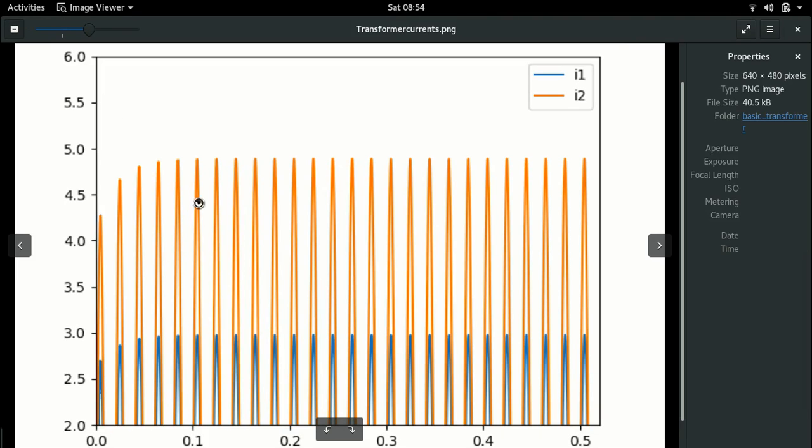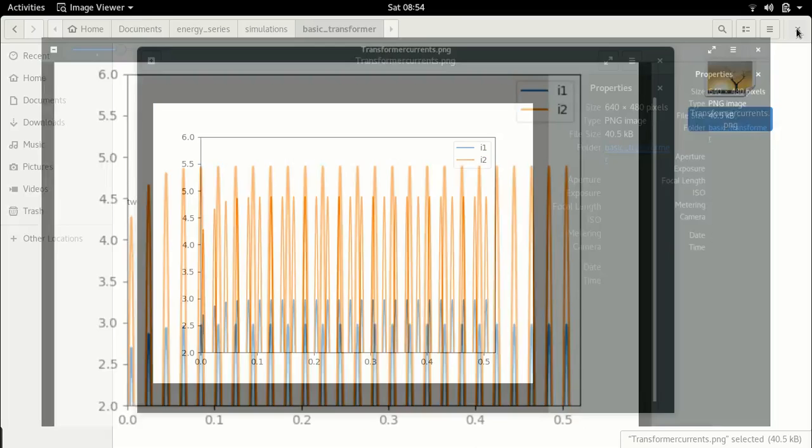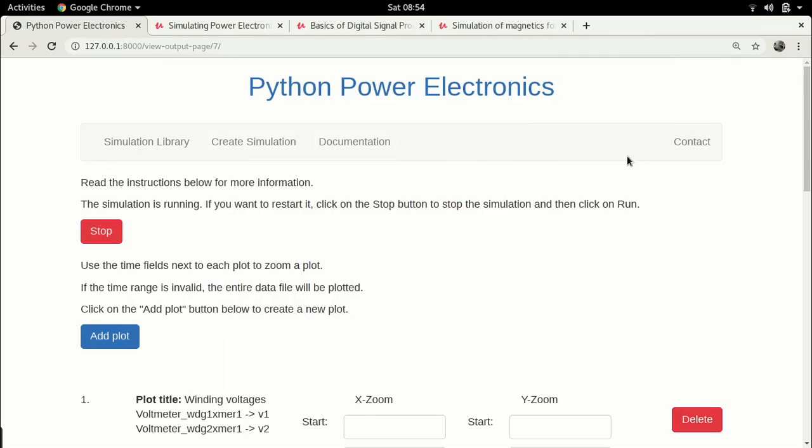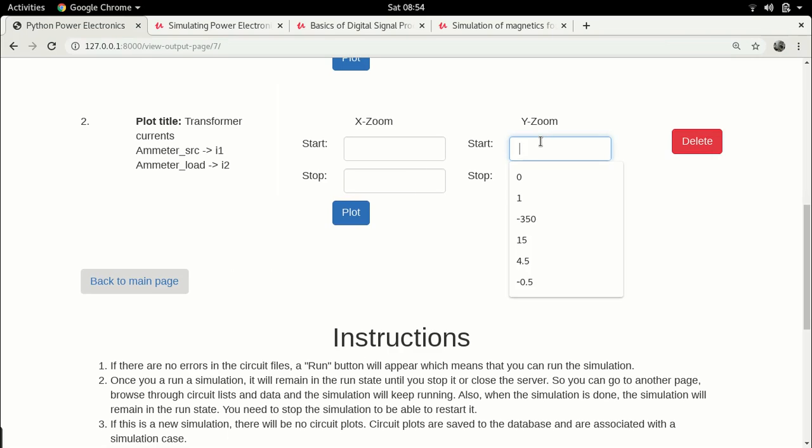Actually, let me zoom in even more, from 2 to 5.1, 5.2.